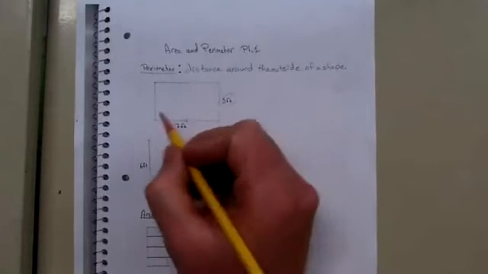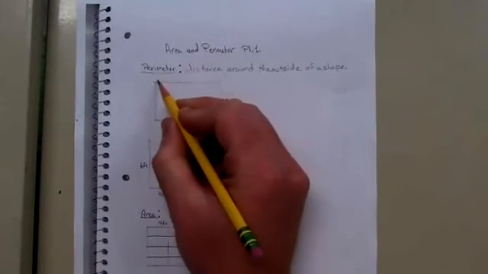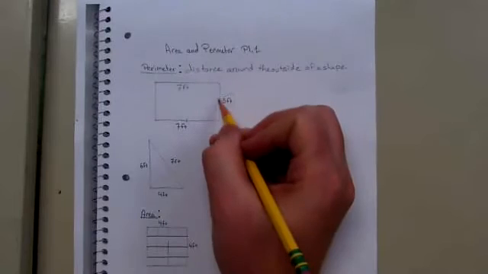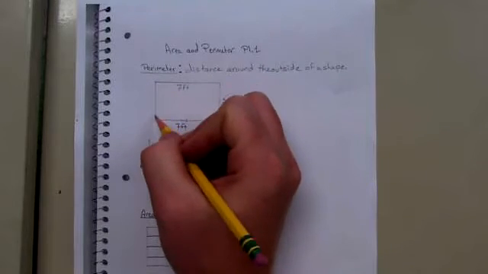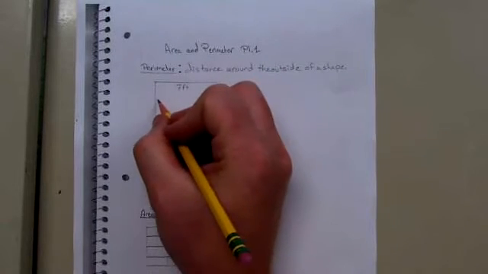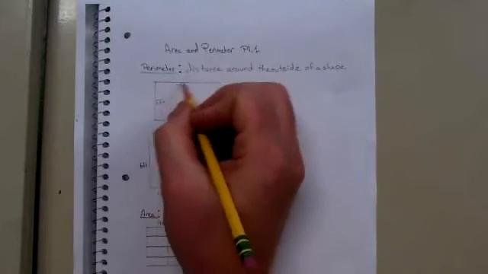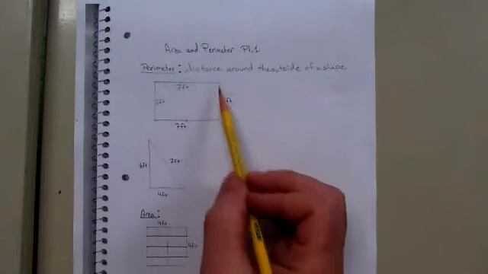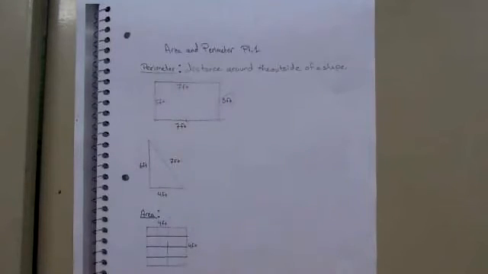Because this side right here is the same as this side, so this is 7 feet. And this side is the same as this side, so this one is 5 feet. So now we have all 4 sides. We are going to be able to figure out how far it is to go all the way around.